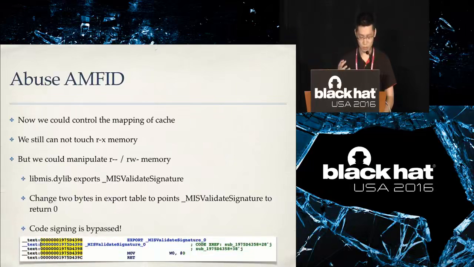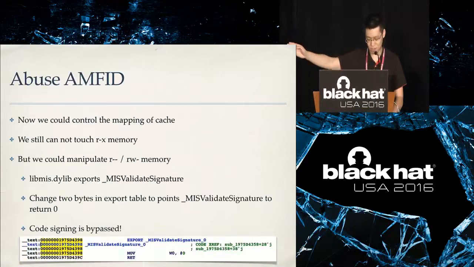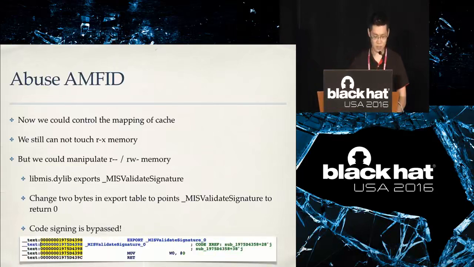We could point MISValidateSignature to some other function inside the dylib. We found these instructions, which just return 0. So after patching the shared cache, MISValidateSignature always returns 0. Then boom, MFID is broken.